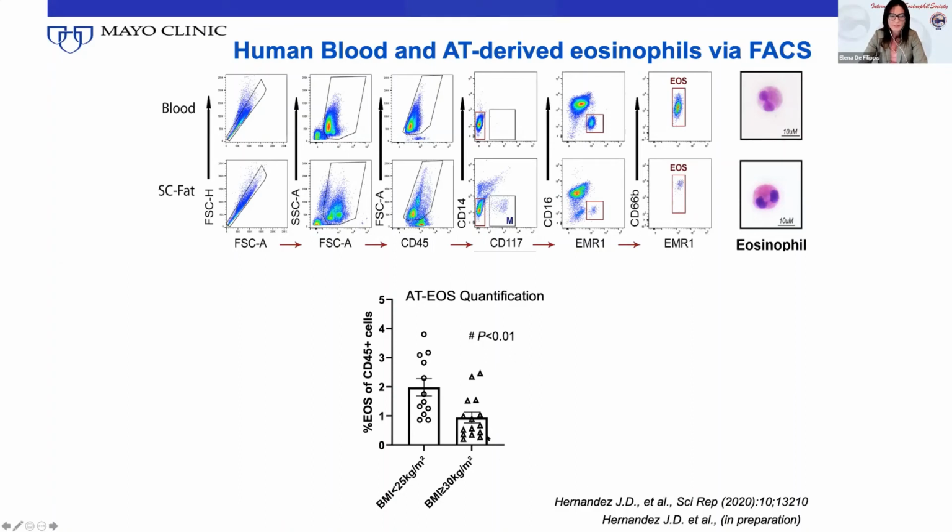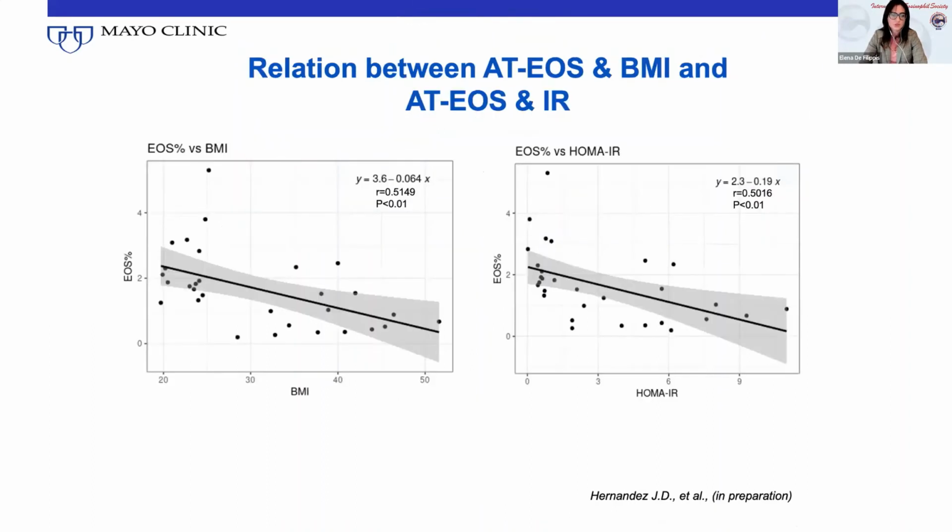Not only that, but alluding to an answer to one of the questions asked earlier, we now know that for every point increase in BMI, there is a significant decrease in eosinophil percentage content in the fat. And even more, the reduction in eosinophil percentage in adipose tissue is tightly related to an increase in insulin resistance. So this is the beginning of our question: what is happening?